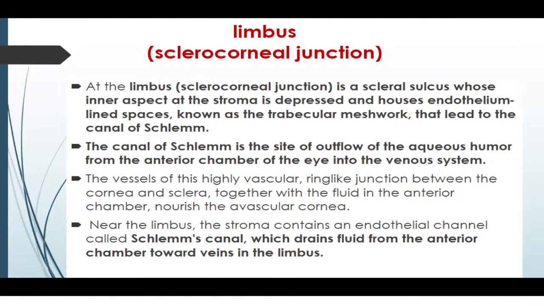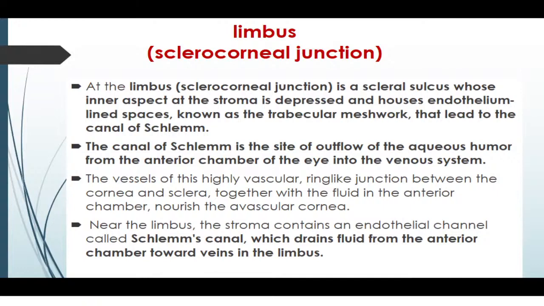The canal of Schlemm is the site of outflow of aqueous humor from the anterior chamber of the eye into the venous system. The vessels of this highly vascular ring-like junction between the cornea and sclera, together with the fluid of the anterior chamber, nourish the avascular cornea.